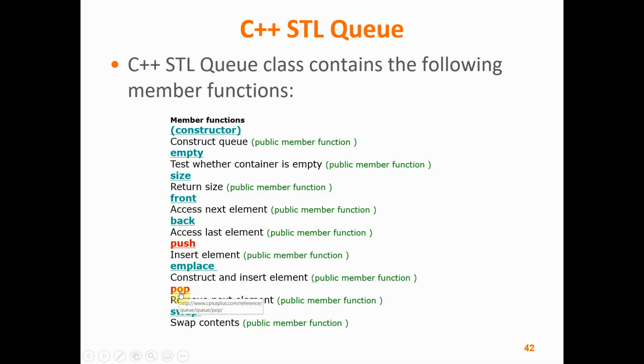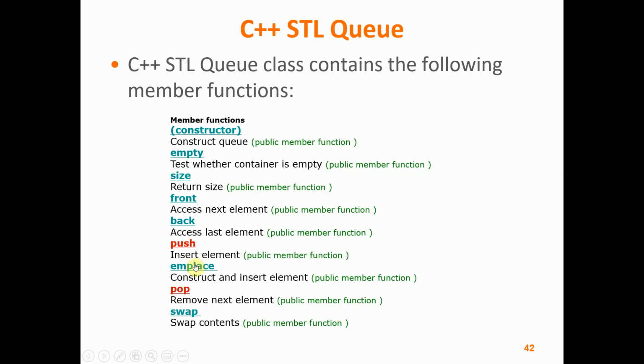The reason that this is the case is that in exceptional cases, if the pop function wants to return something, the exception that's going to be thrown is going to cause trouble. So both push and pop are void functions.